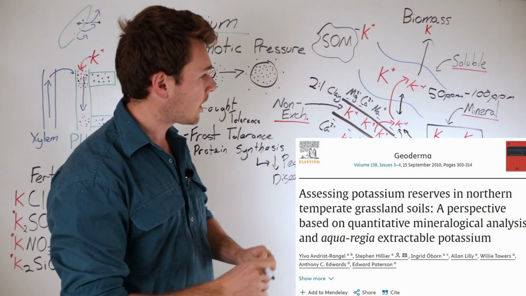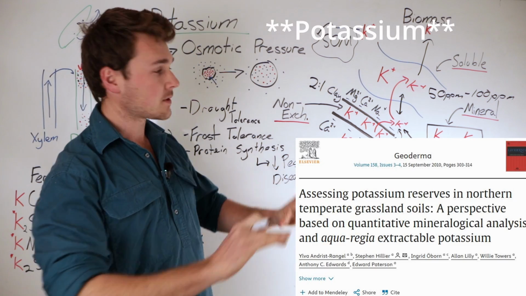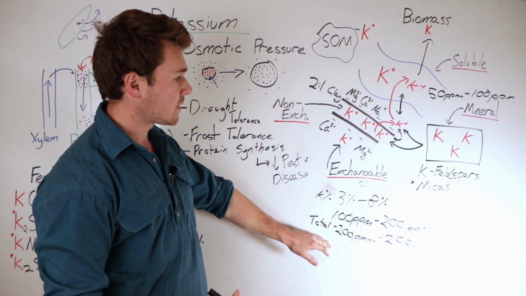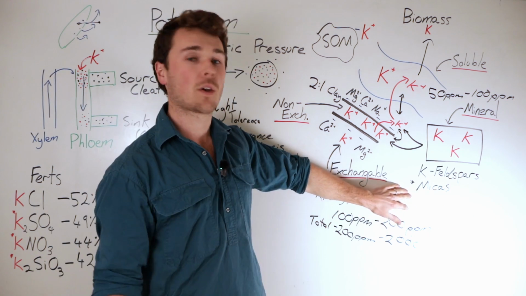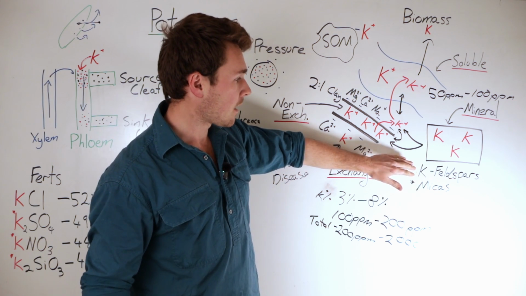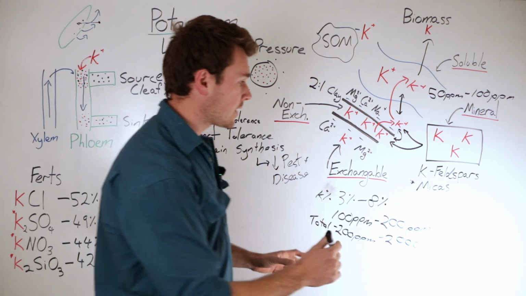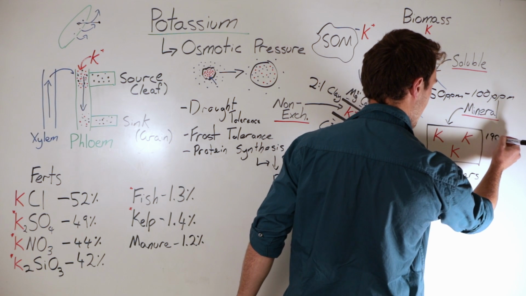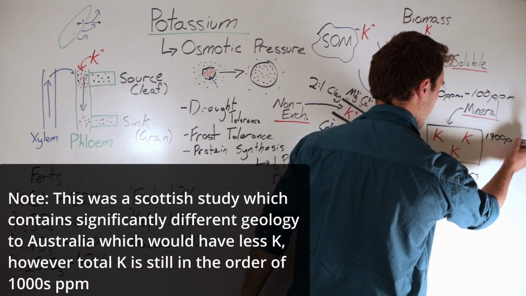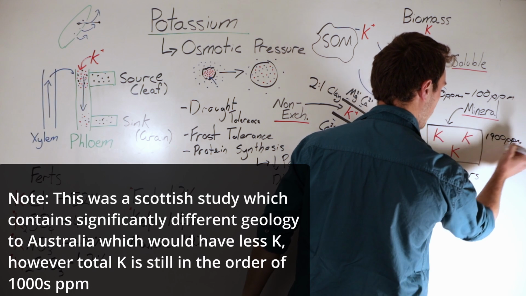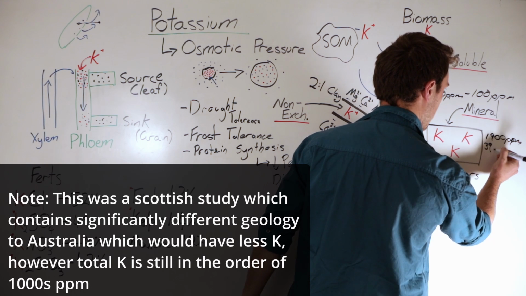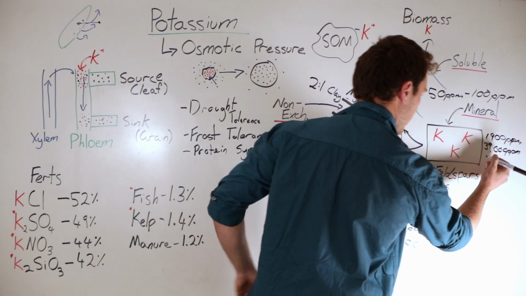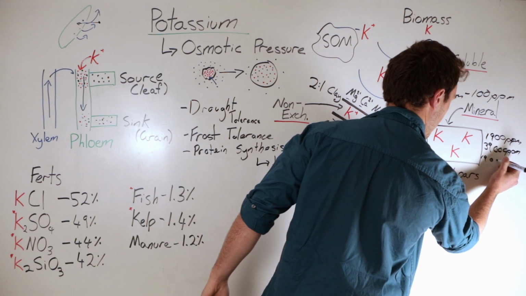In one study I found that the absolute total amount of potassium, not just the total that we get done, which only considers the micas, but the total amount which considers the potassium feldspars, ranges anywhere between 1,900 parts per million all the way to 39,000 parts per million, with an average concentration of around 19,000 parts per million.